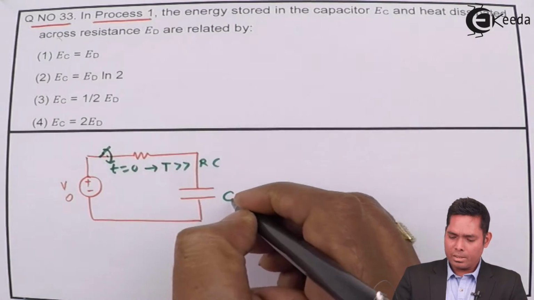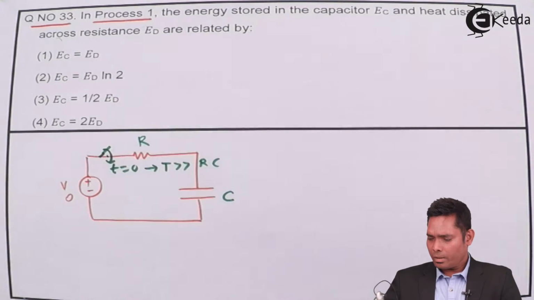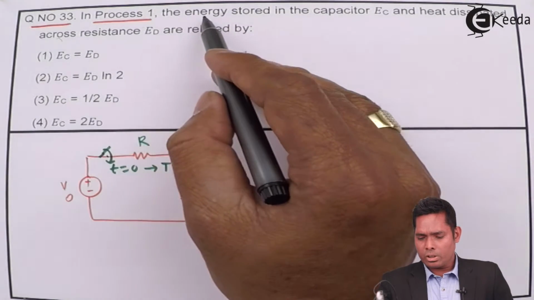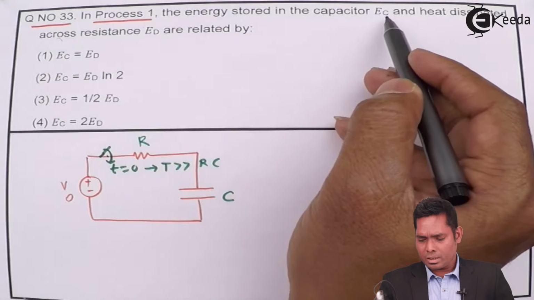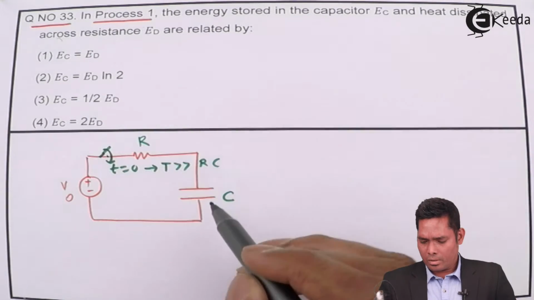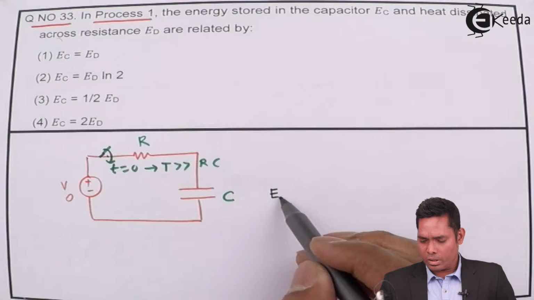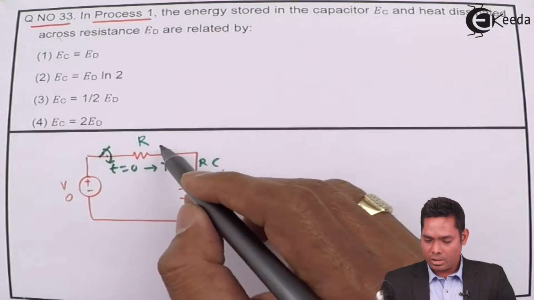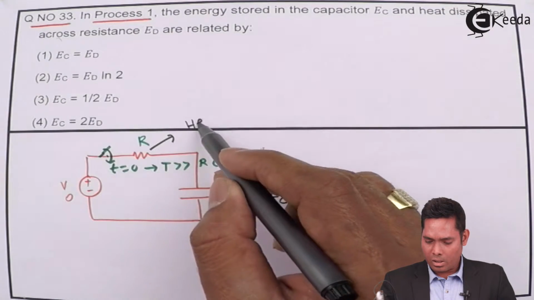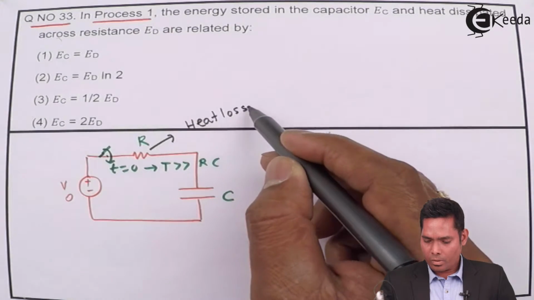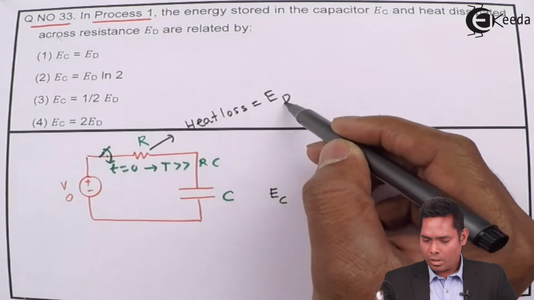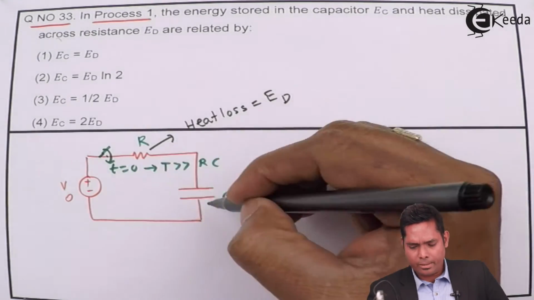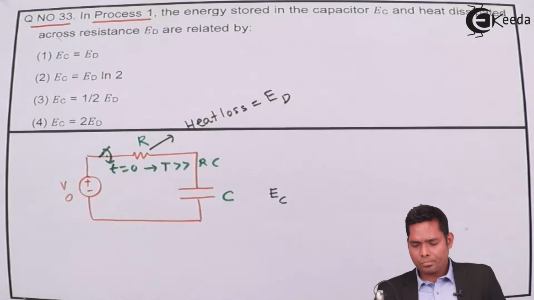This is the capacitance and this is the resistor R. Now the question is, the energy stored in the capacitor EC and the heat dissipated across the resistance, the heat loss ED, are related as. How are these two related? The first case.